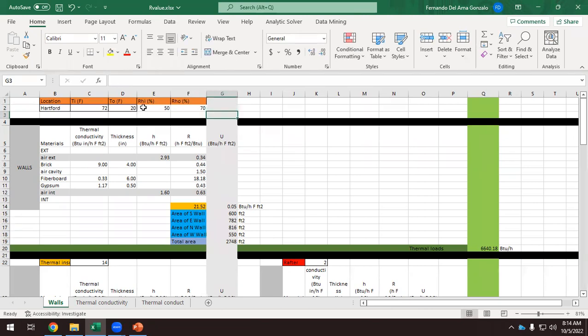Those are new values that we have to include today because we have to use the relative humidity to calculate what? We have to calculate the wet bulb temperature indoors and the wet bulb temperature outdoors.